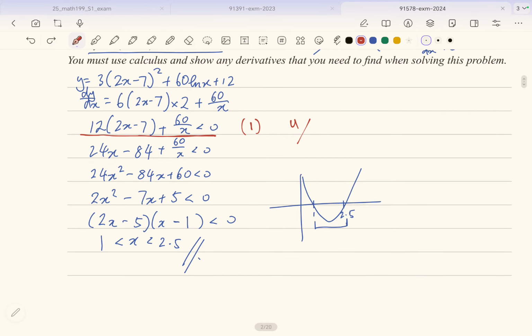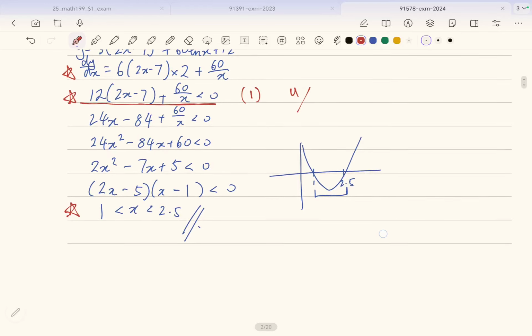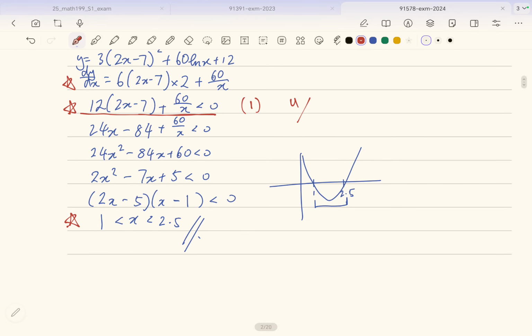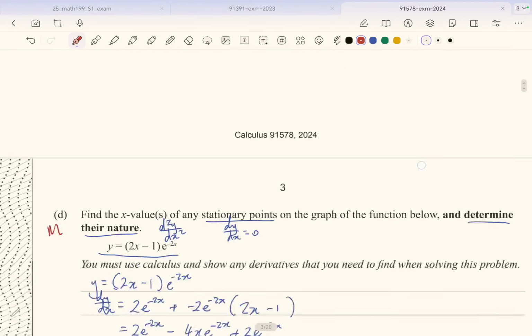So you need evidence of derivative, and you need inequality. You also need to find, obviously, the range of x for decreasing value. So up to here would have given you the merit mark, or your R mark.